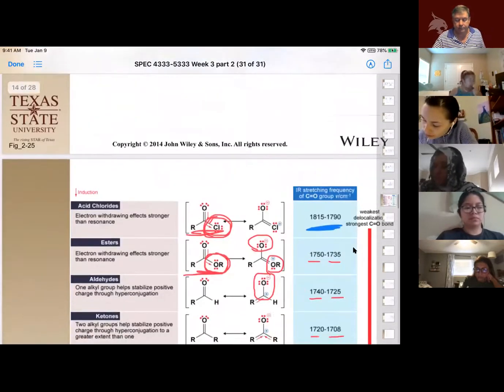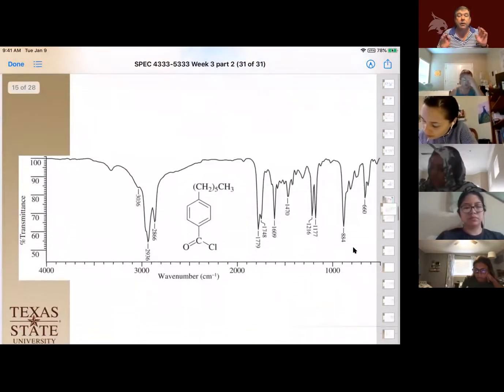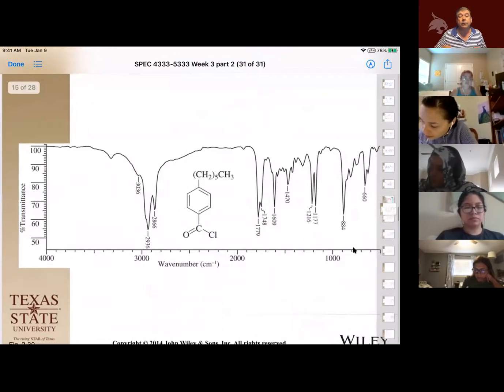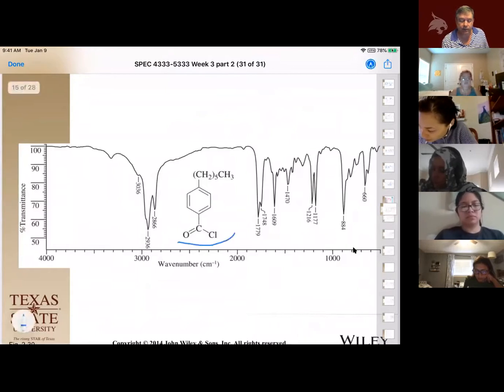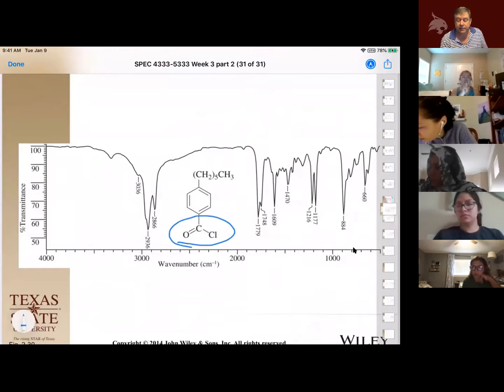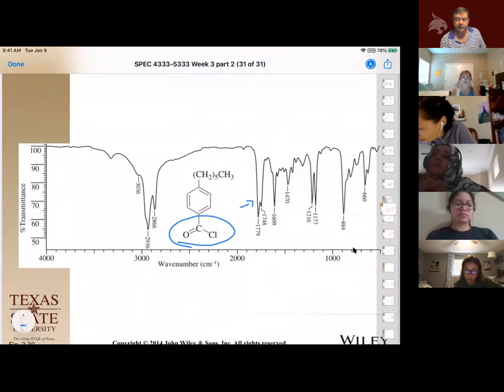All right. So let's look at some other carbonyl compounds, and we're going to go in order from top to bottom. If we look at this acid chloride right here, notice we have a chlorine right here. We're expecting that to be at the high end of the frequency. And what we see is we get it between 1780 and 1750 here.